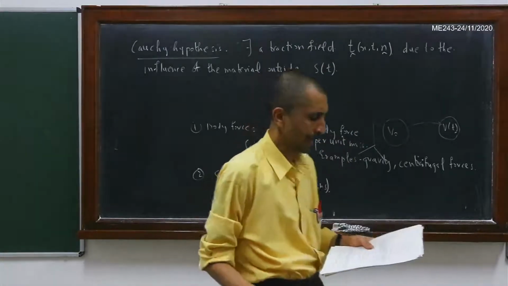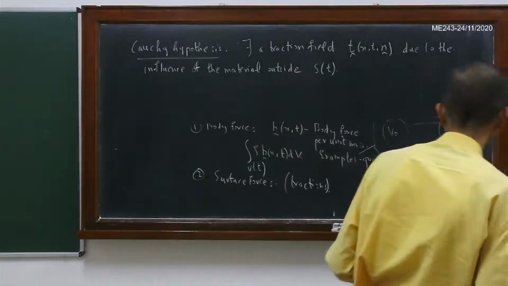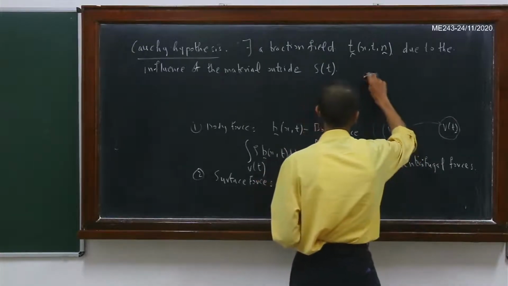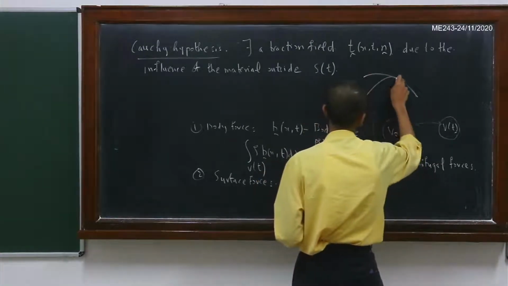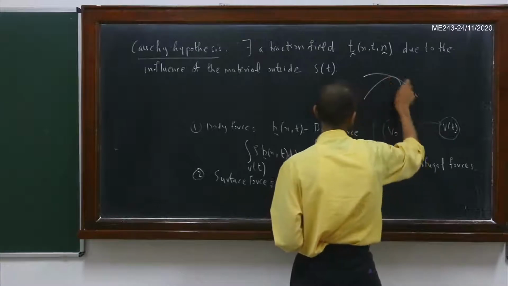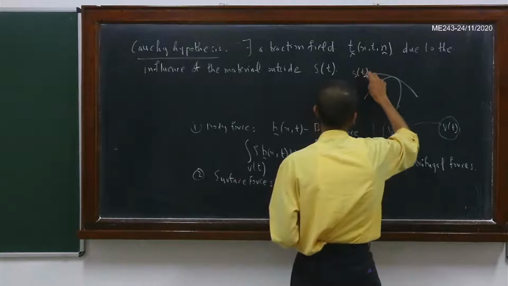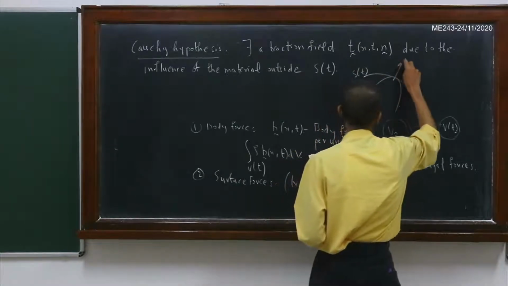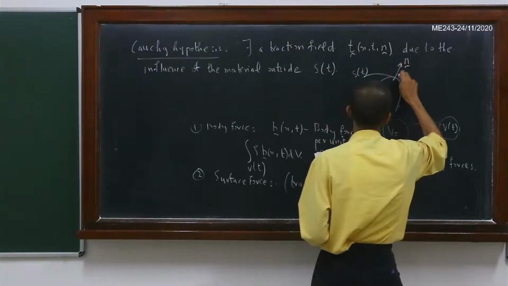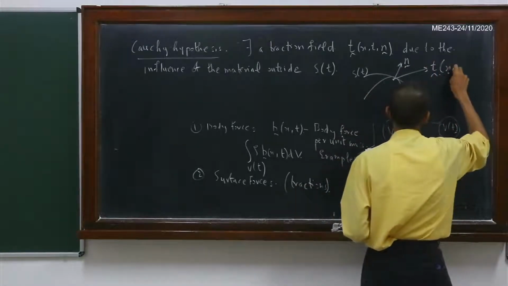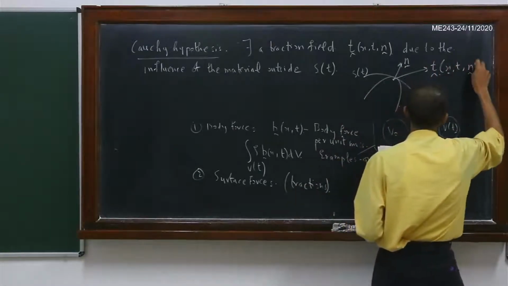So let us draw a picture. What the hypothesis is saying is that suppose this is the surface S of t, and this is the unit normal, and there is a traction force T that is dependent on x, t, and n.